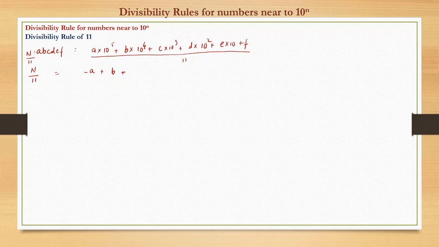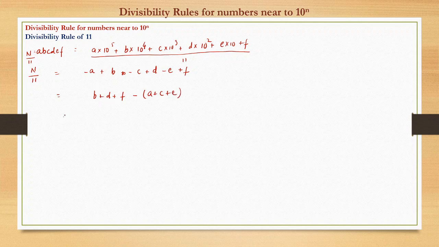So minus c plus d minus e plus f. Can we see we are just alternating? We are finding b plus d plus f minus a plus c plus e.